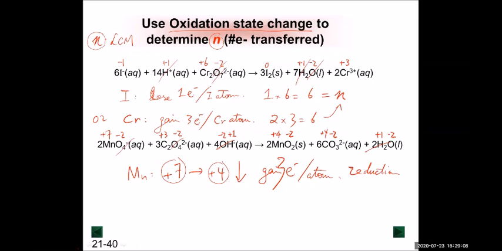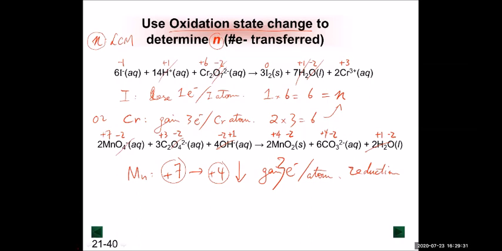The word reduction actually originates from losing oxygen or reducing the charge or oxidation number. That's where the word reduction comes from.